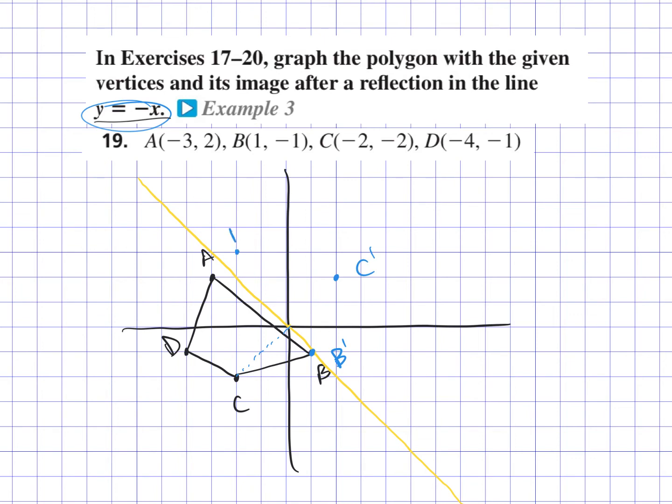A prime is going to be there, and D prime, 1, 2.5. So if we connect those, there you can see that it is a good reflection.